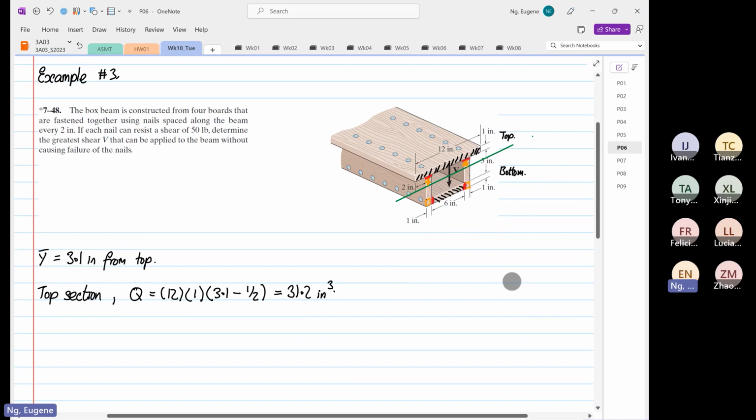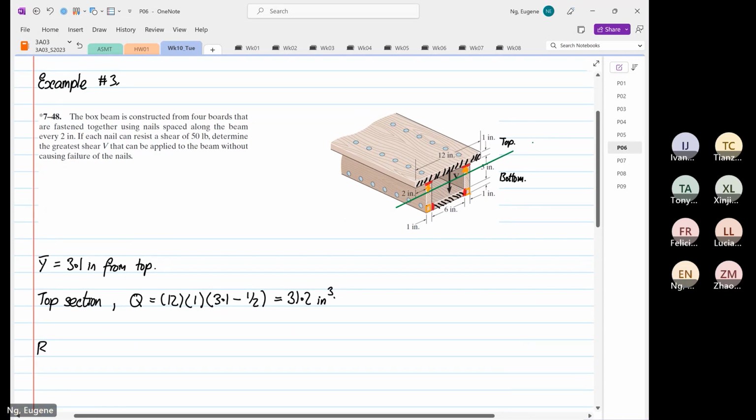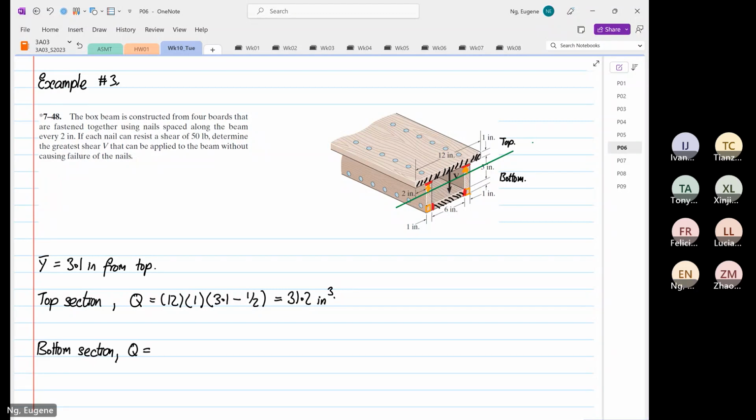Then for the bottom section, the Q. So the width is 6. The depth is 1. The Y bar is 7 minus 3.1, because 3.1 is from the top.